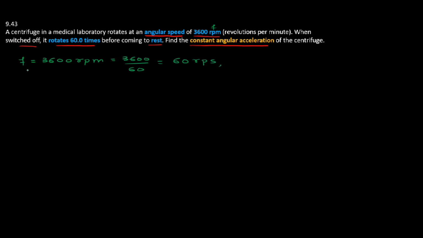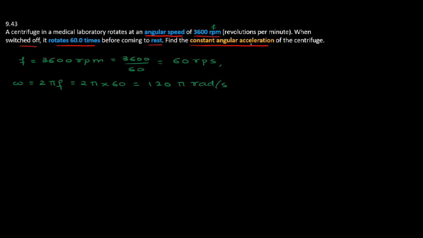If I have the frequency, I can calculate the angular speed in radian per second by using the relationship angular speed omega equals 2 pi f. So I can multiply my frequency with 2 pi. That will give me my angular speed in radian per second. That becomes 120 pi radian per second.